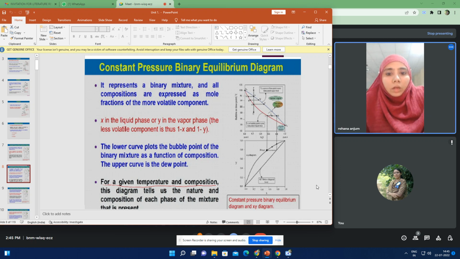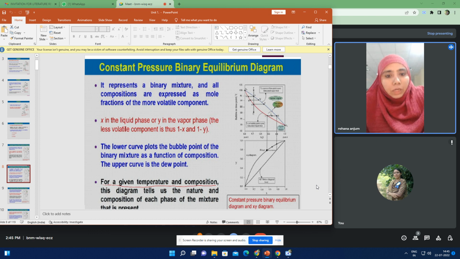The lower curve plots the bubble point of a binary mixture as a function of composition, and the upper curve is the dew point curve. For a given temperature and composition, this diagram tells us the nature and the composition of each phase of the mixture that is present.